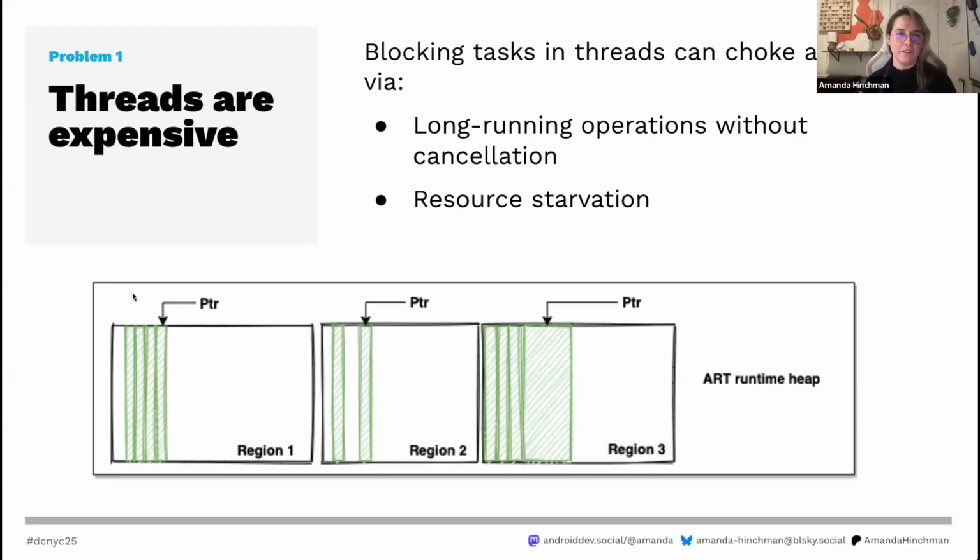I also put in this image of the ART runtime heap. This is actually an interesting thing. Android in particular, we know it's a bit stingy, especially in terms of resources. Every application has its own processing heap. And the ART heap, the Android runtime heap, organizes objects by age and size. There's a younger generation, older generation, permanent generation. And then they also have thread local allocations.